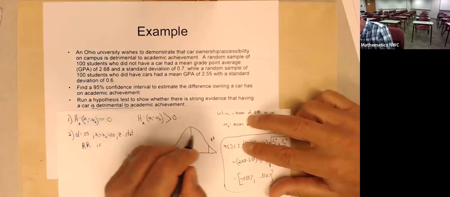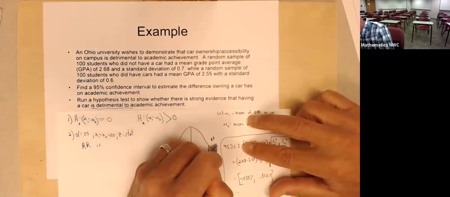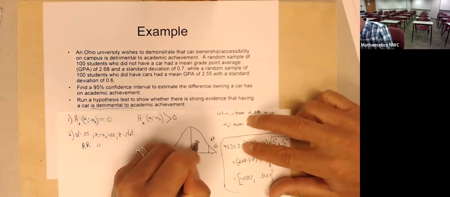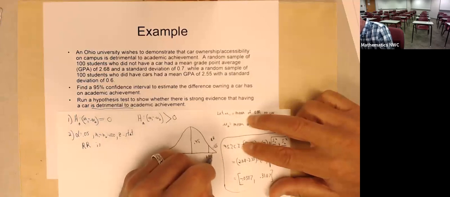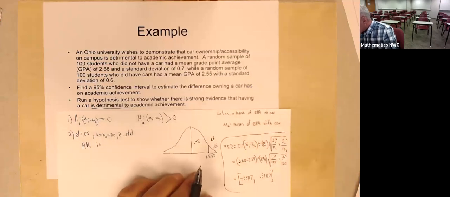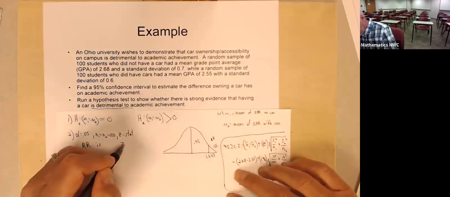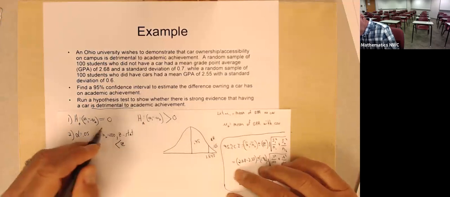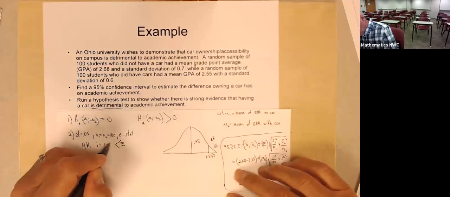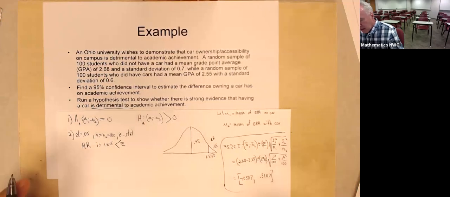I'm putting all 5% in that rejection region. That gives me 1.645 for that line in the sand as we talk about it. If I go over that, if I get to be greater than that, so my z would have to be greater than 1.645. That's my rejection region.